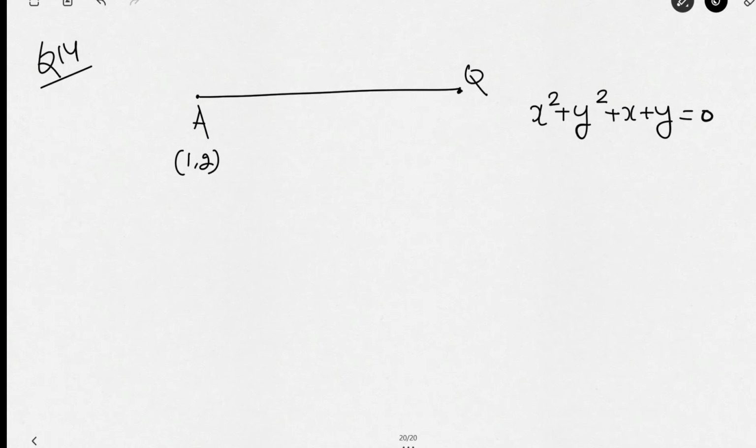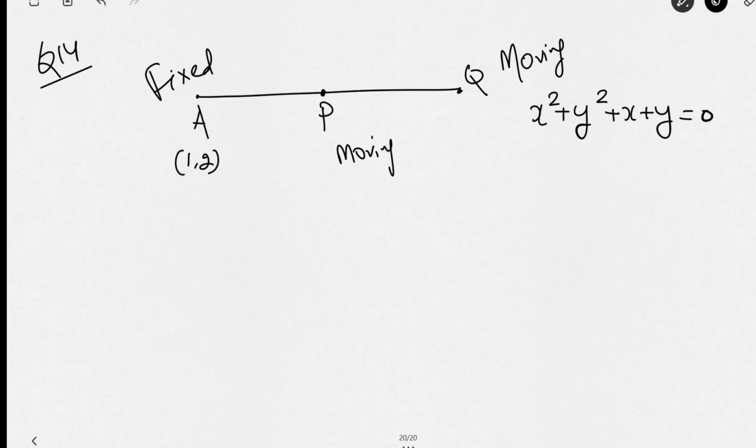So this is a moving point, and this is fixed point, and mid of this will also be, let's say P. This will also be moving because this is moving. Where it will move, we don't know. How this will move, that is the locus, right? That we have to figure out.